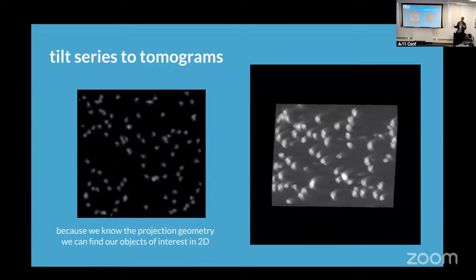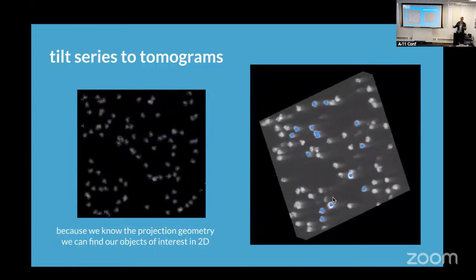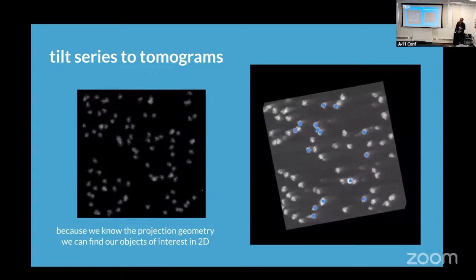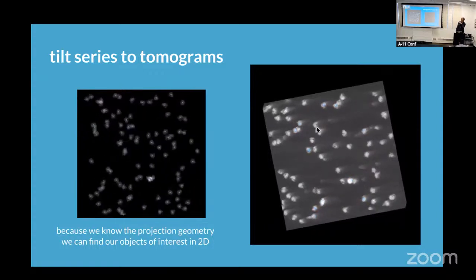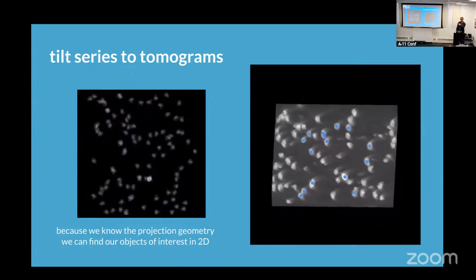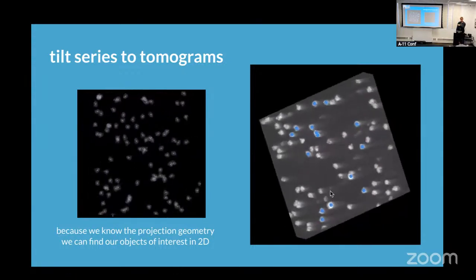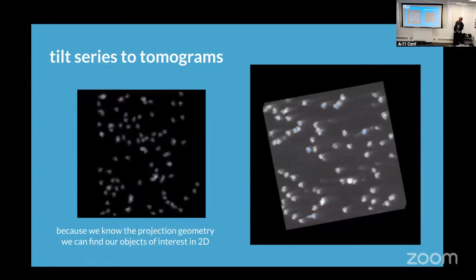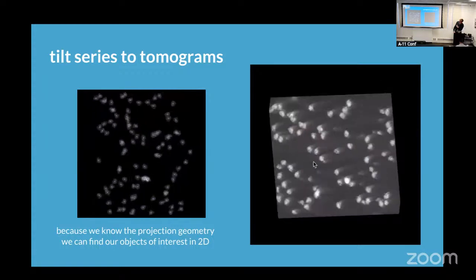Because we know the geometry that we use to do that 3D reconstruction from the 2D images, it's relatively easy to project those points back down into the correct position where that information came from in each 2D image in the tilt series. It's not exactly the same set of points. I'm sorry, I didn't do this carefully enough.